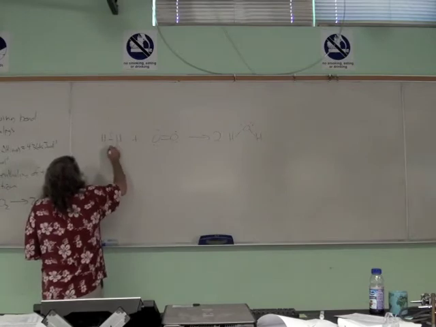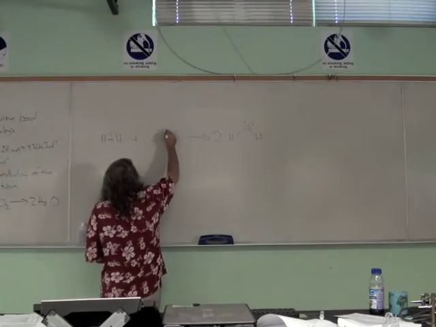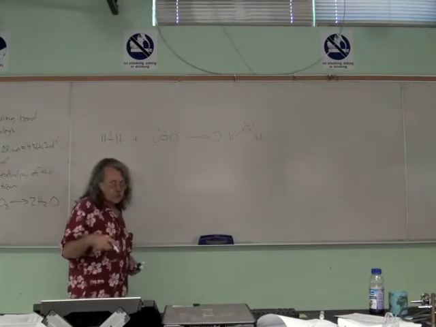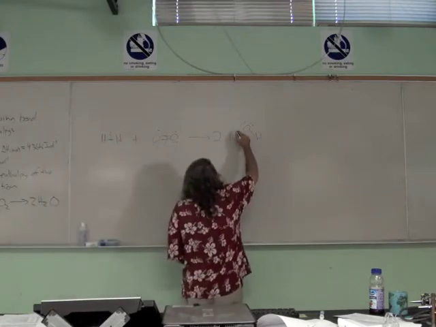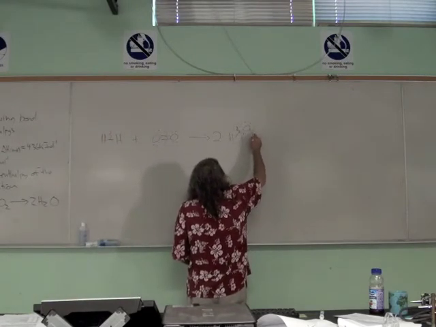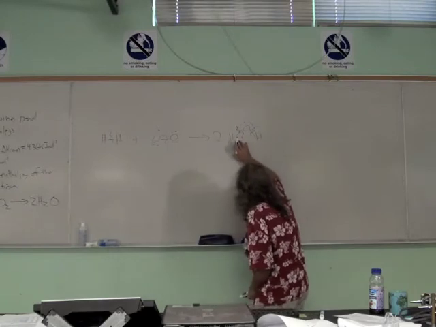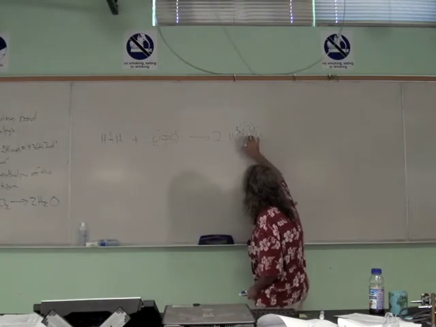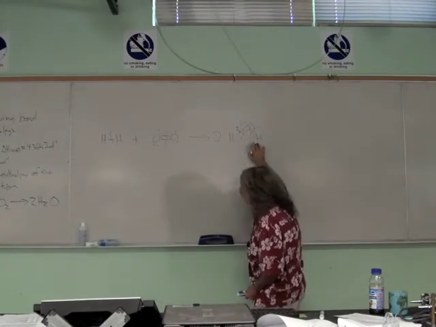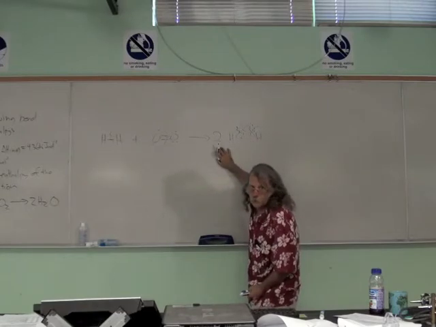I'm going to need to break one hydrogen bond, one oxygen-oxygen double bond, and I'm going to make 2 hydrogen-oxygen bonds for each water molecule, and there's 2 of those.